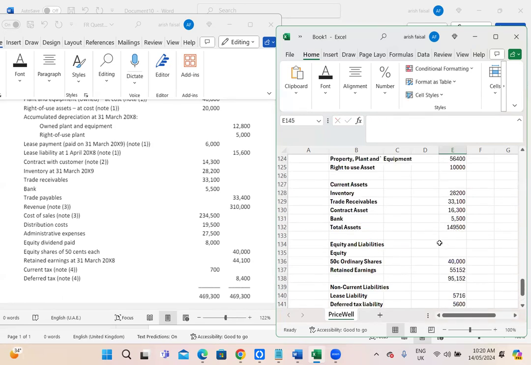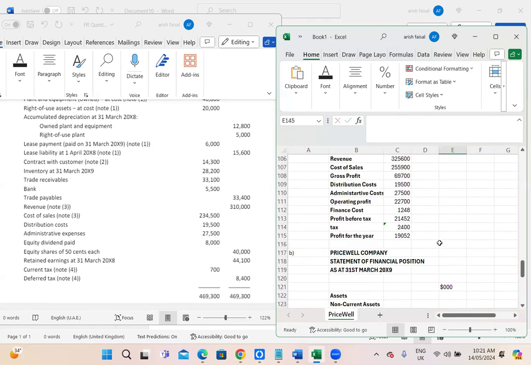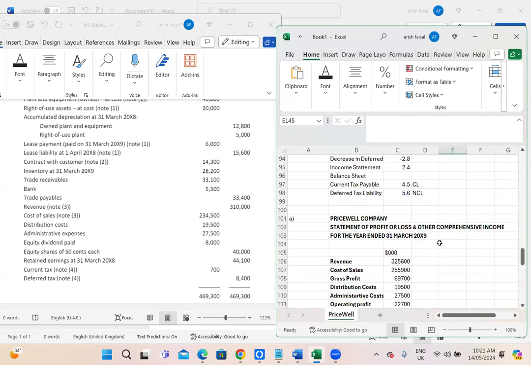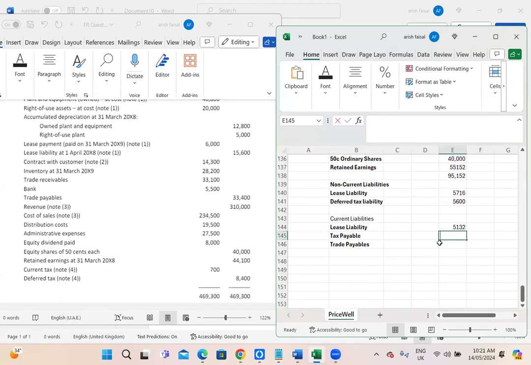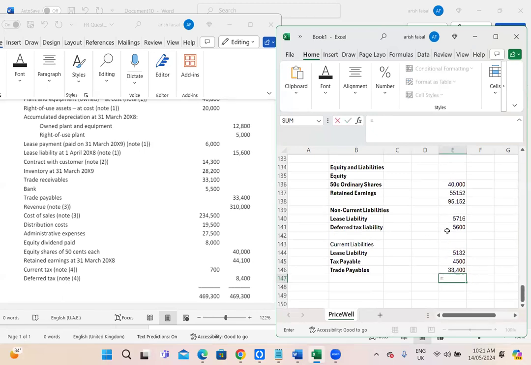In tax payable, you will just have to record the current provision, which is 4.5 million, so that's 4,500 over here. And trade payables, we have to find from the trial balance, which is 33,400. If I add them up, you will get the total equity plus your non-current liabilities plus your current liabilities.